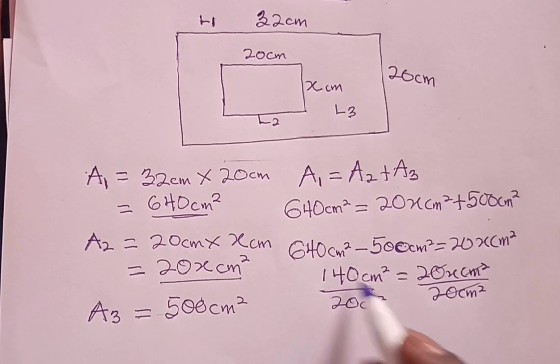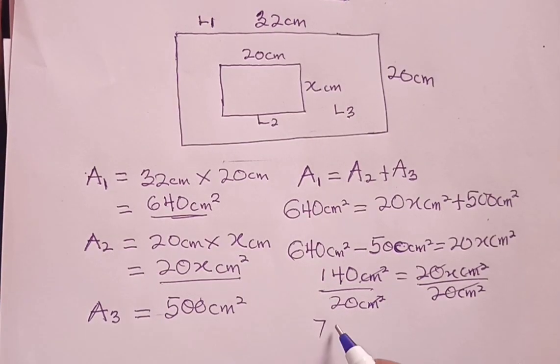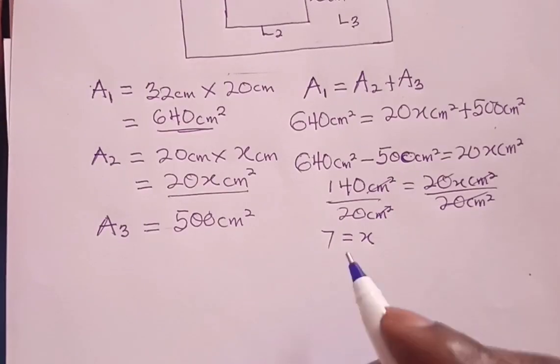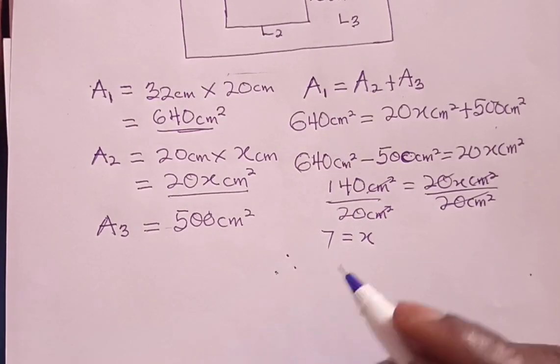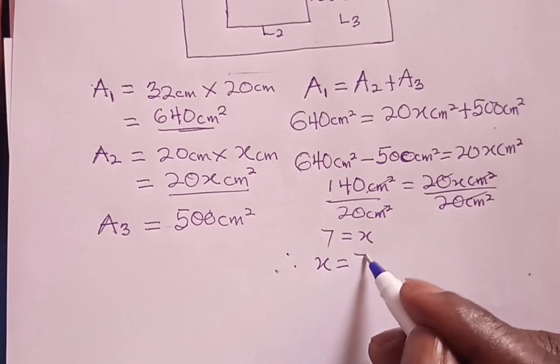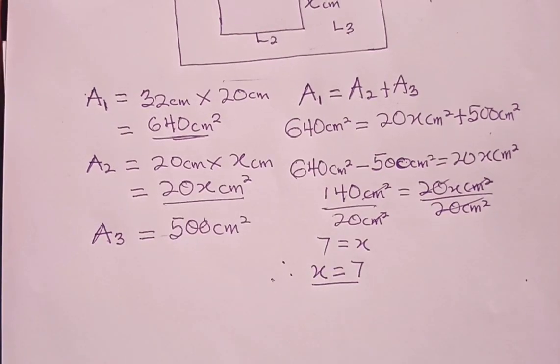Then when this one divides this, we have 7 is equal to x. So we can conclude that therefore x is equal to 7. So that is the value of x.